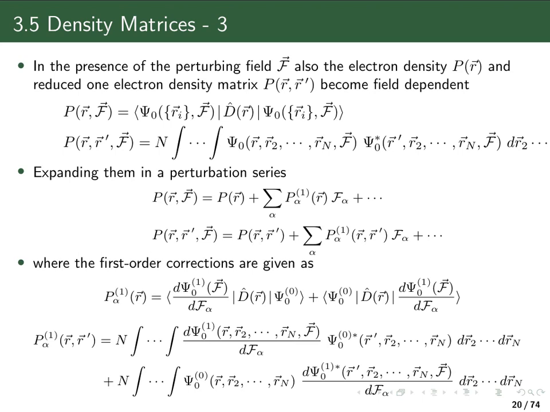And similarly, I get the first order corrections to the reduced one electron density matrix by having the derivative of the first order correction to the wave function here or here in the complex conjugate. So I get those two terms.